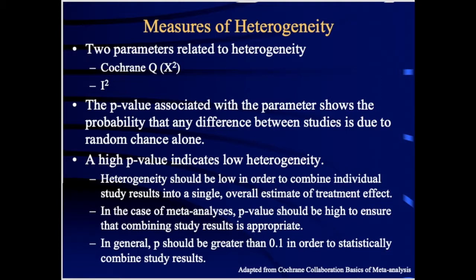Heterogeneity should be low in order to combine individual study results into a single overall estimate of treatment effect. In the case of a meta-analysis, the p-values should be high to ensure that combining study results is appropriate. In general, a p-value greater than 0.1 should be seen in order to statistically combine study results.